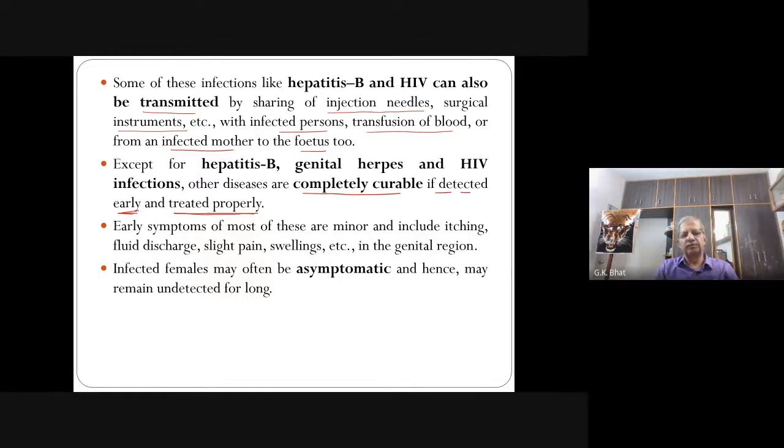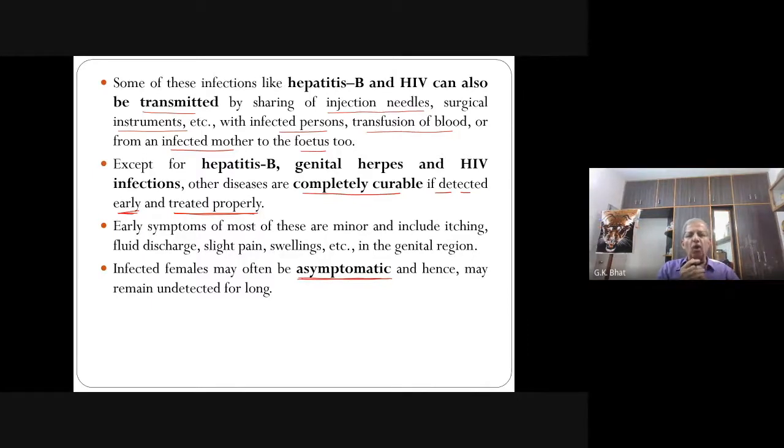What is happening? I'll show you some examples later. Whenever a girl suffers from STDs, most of the time she will be asymptomatic. She will not show any symptoms externally.